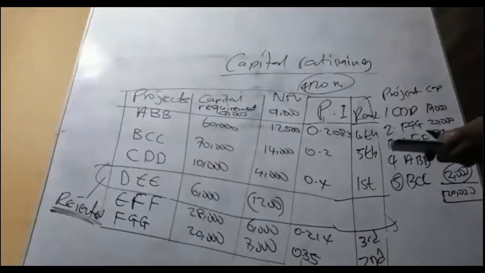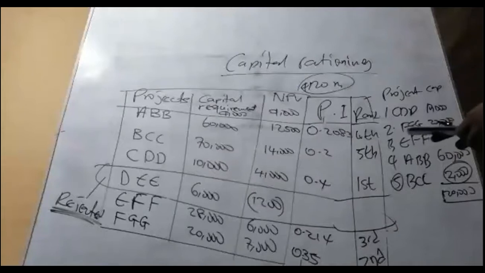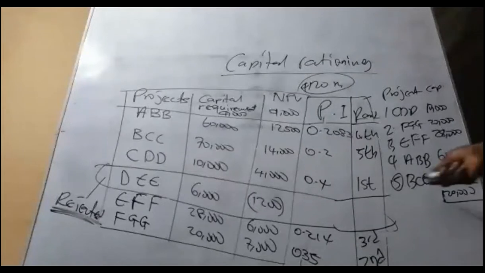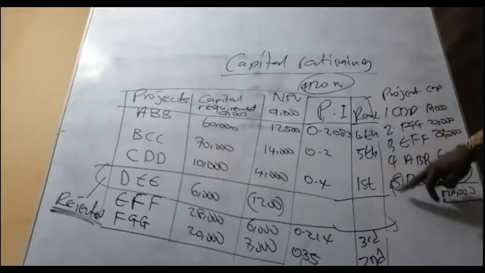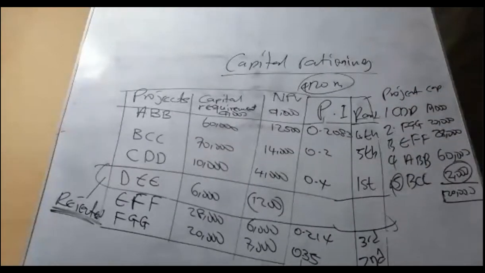So that will be 2,000 out of 70,000 times 14,000, which gives us 400. So the NPV over here is 400. So you take the full NPV for project 1 up to project 4 and just add 400 to it, then we are done. That is the capital rationing.